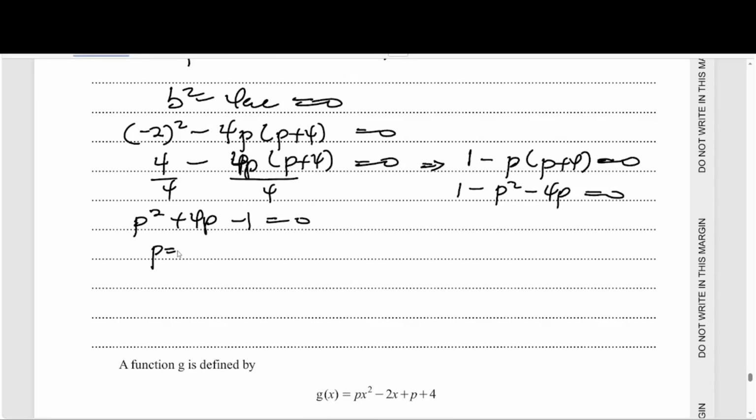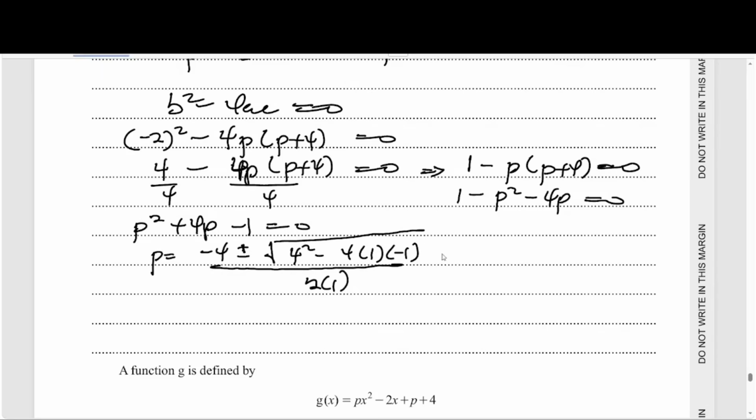So our p is -b, which is -4, plus or minus root of b squared, which is 4 squared minus 4 times 1 times -1 all over 2 times 1.